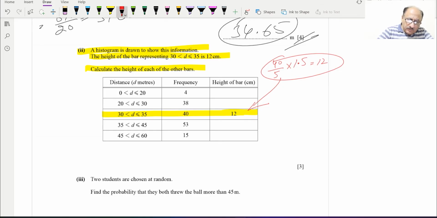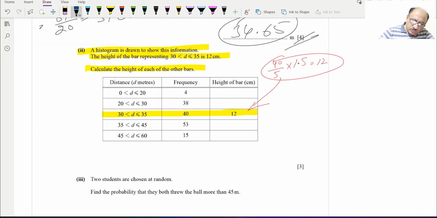For example, if we want to calculate for the first one, the frequency is 4 and the class width is 20 minus 0, which is 20. So we divide the frequency 4 by the class width 20.